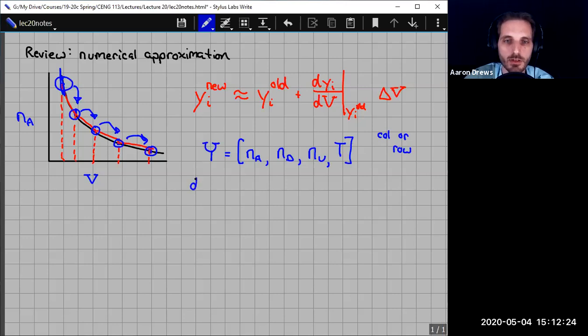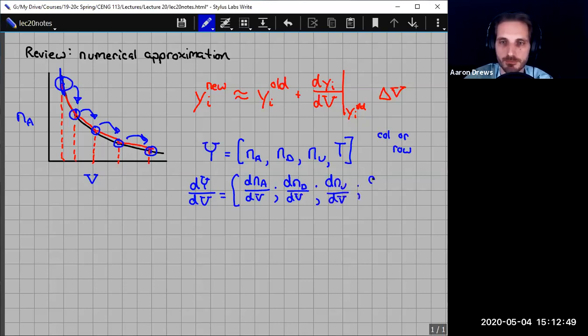The other one, though, is a vector of our derivatives, so dY/dV. This one will always end up being a column vector. So this will be dN_A/dV, dN_D/dV, dN_U/dV, and finally dT/dV.